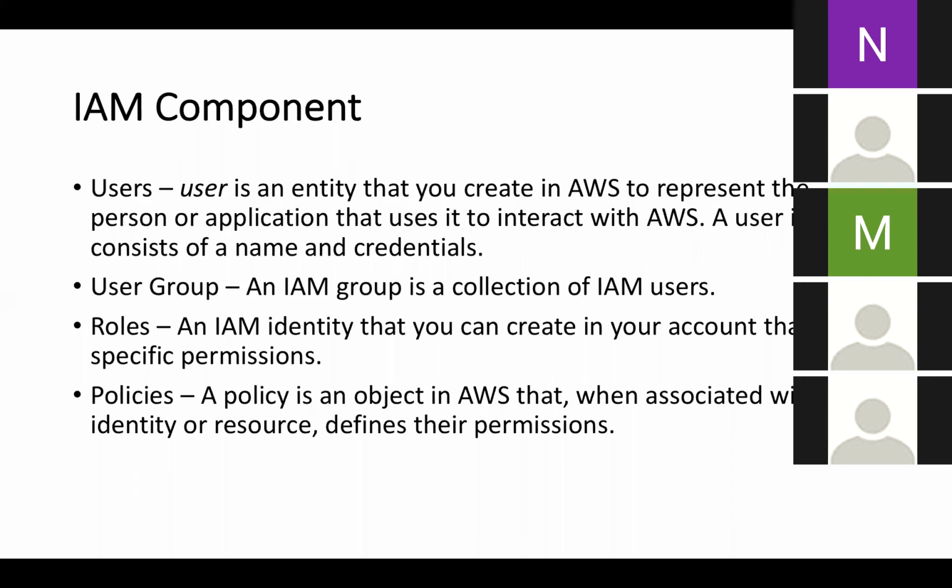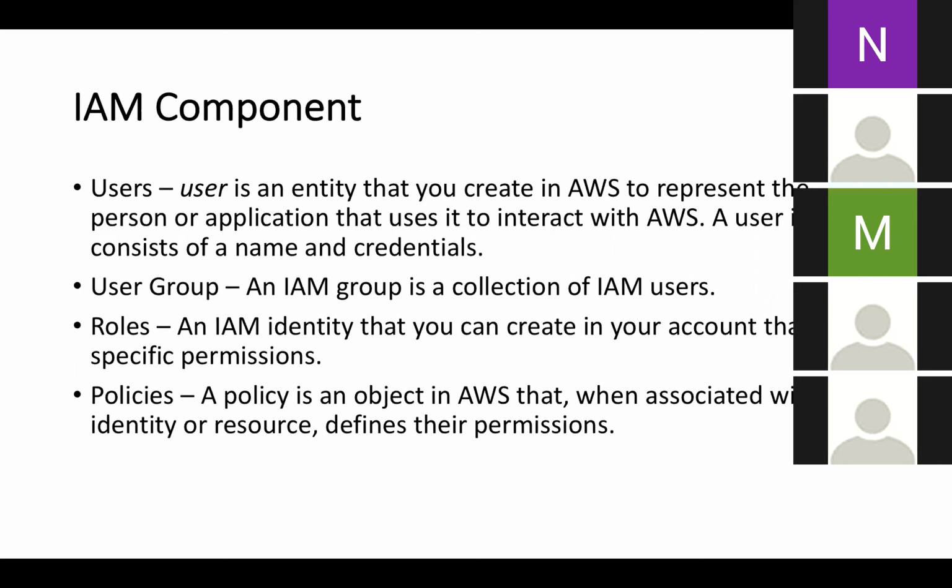Policy is nothing but an access document where I'm telling, hello Mr. Developer, you're only allowed to access this S3 bucket, right? And what I did is I have defined a policy.